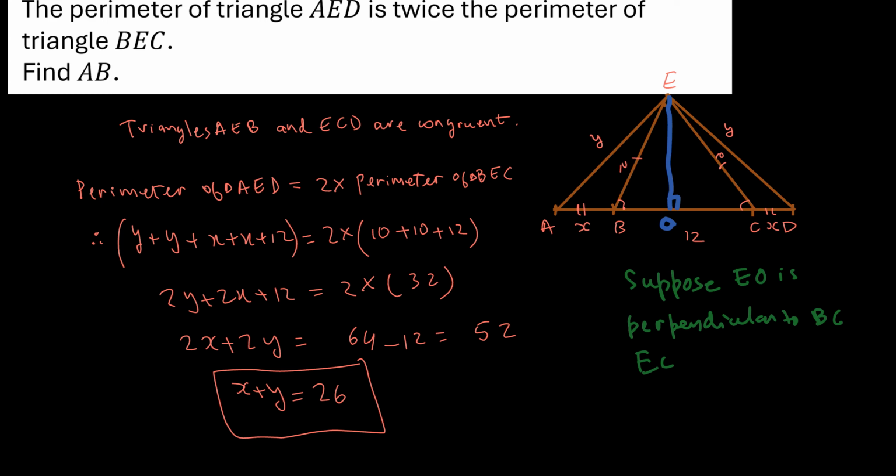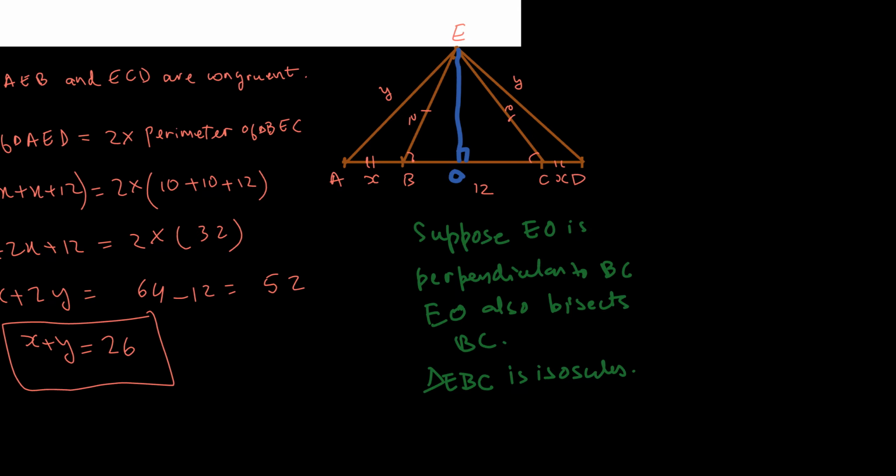EO also bisects BC, because triangle EBC is isosceles. So we can then find these distances, can't we?